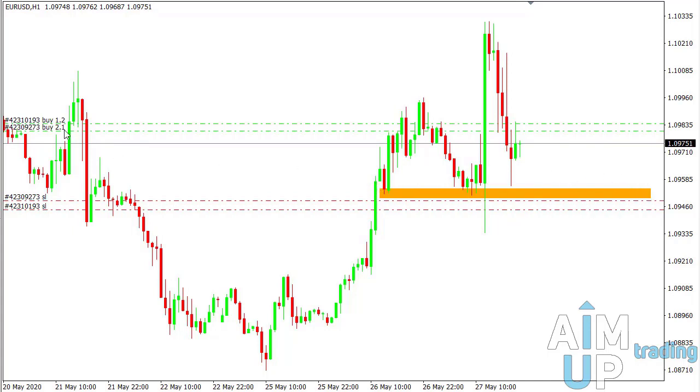So we like to make some room for our trade to move. Even if the price comes back down to test this zone, we want to have some room before our stop loss gets hit. That's the reason why we have such a big stop loss in these cases.